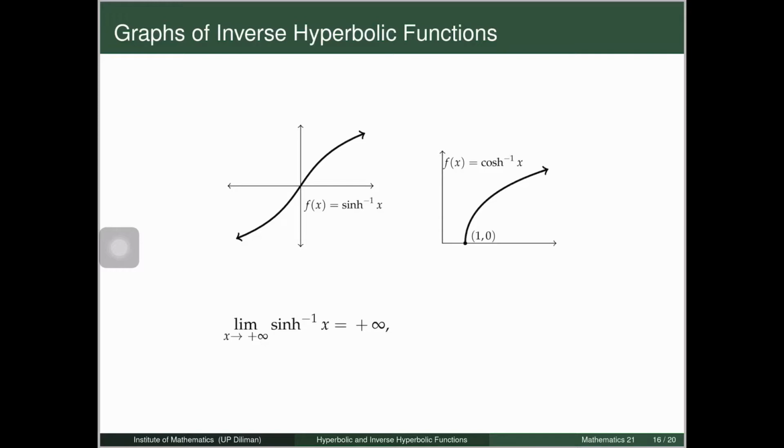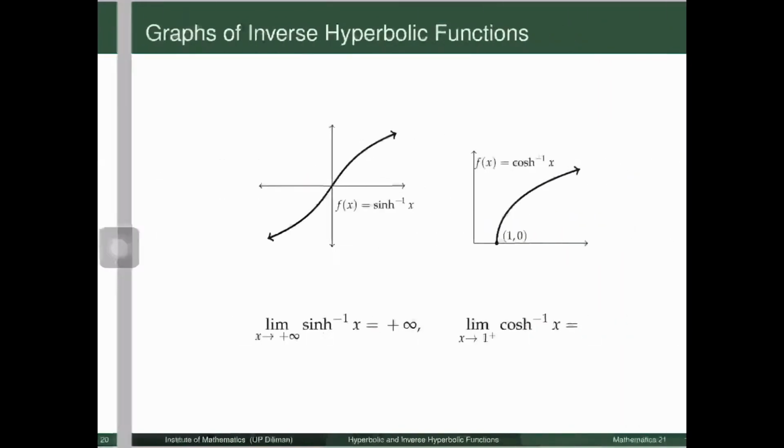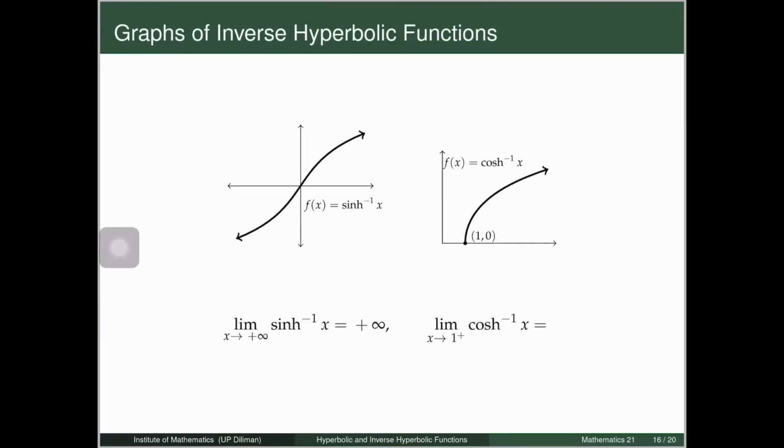And then to the right, you have the graph of cosh inverse x. So what if we are to evaluate yung limit ng cosh inverse x as x approaches 1 from the right? So ang sagot ay equal to 0. So what if naman ang gusto mong evaluate ay limit ng cosh inverse x as x approaches positive infinity? So again, from the graph, yung answer natin doon ay positive infinity.